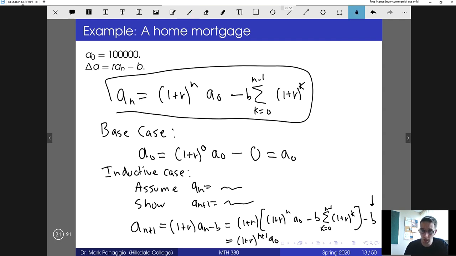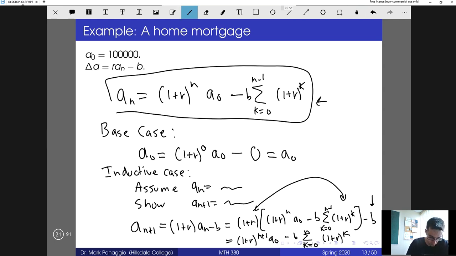And then we're going to have b times a whole bunch of other powers, 1 plus r raised to the 1, 1 plus r raised to the 2, 1 plus r raised to the 3, when you combine those two terms. And so if you put that all together, you'll get the sum from k equals 0 now up to n of 1 plus r to the k, which is exactly what this formula up here would have been if we replaced all of the n's with n plus 1.